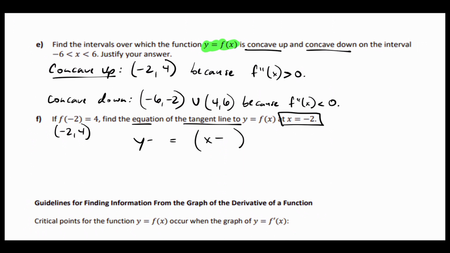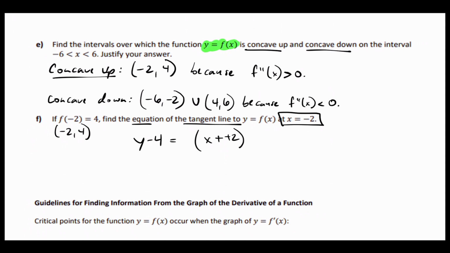I need a point and I need a slope. What do I have? I have a point, don't I? (-2, 4), right? -2 is x, 4 is y.